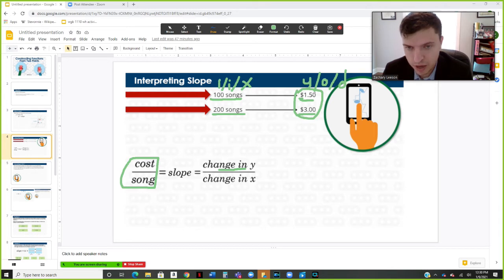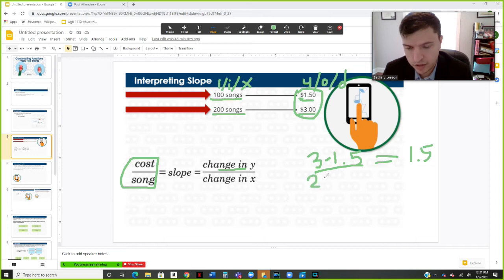We have 3 minus $1.50, right? So $3 minus $1.50, that's going to give me a change of 1.5, right? And then 200 is my independent here when I had $3. So I'm going to keep that going.